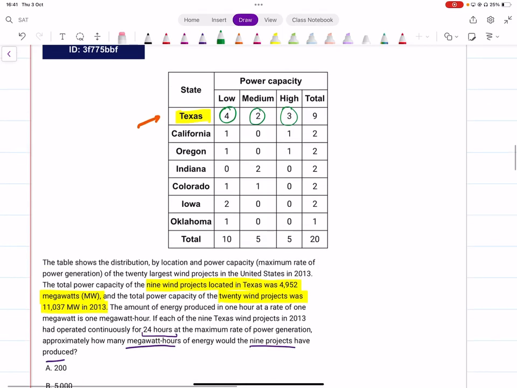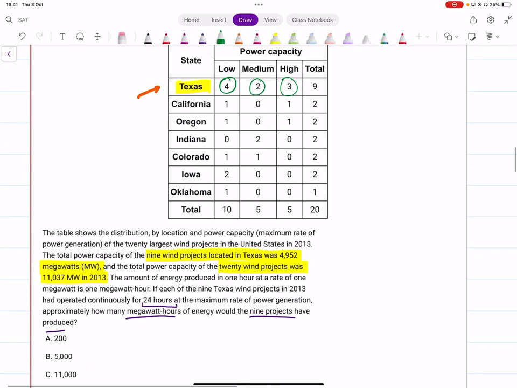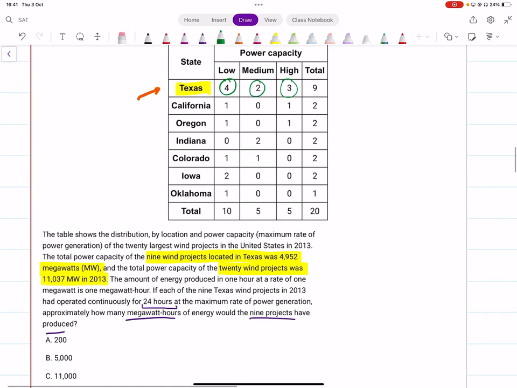What does low, high, and medium mean here? Does it define low, medium, and high anywhere?